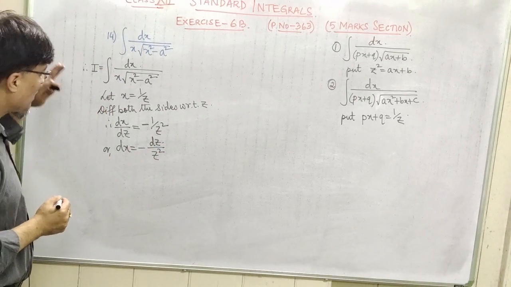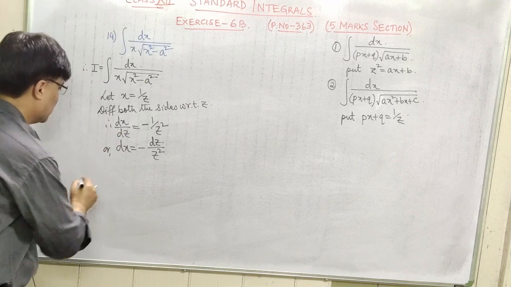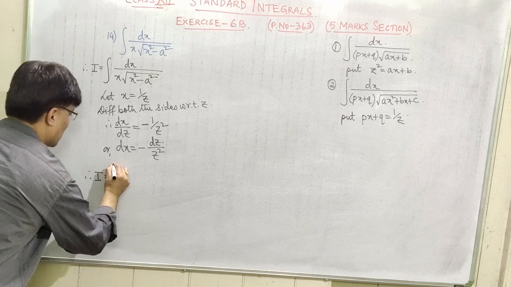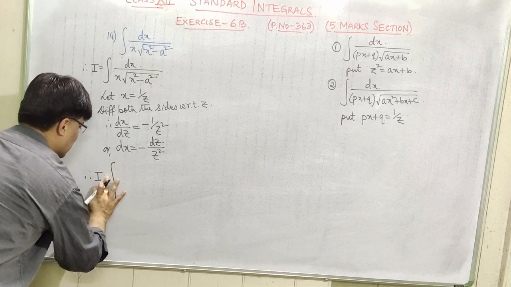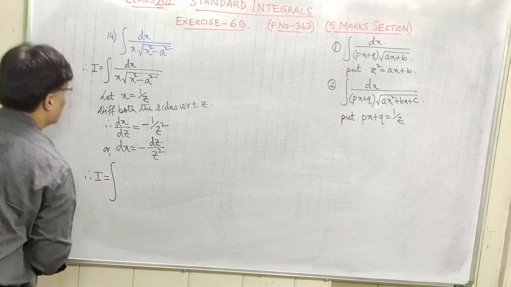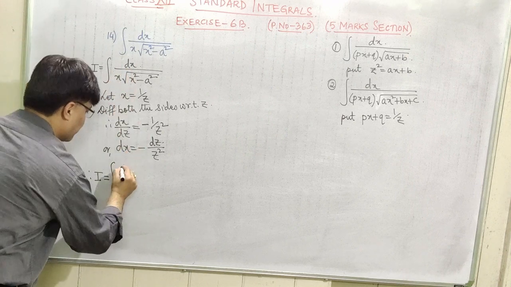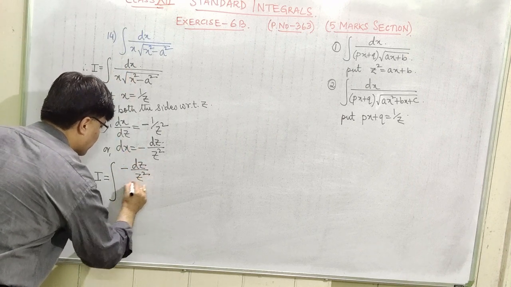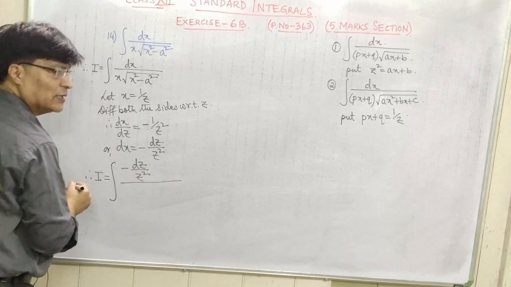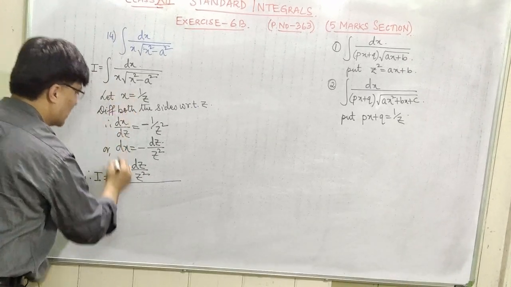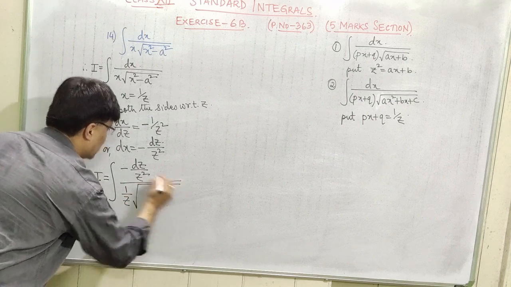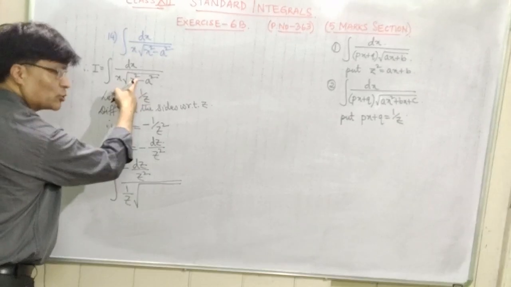Okay. So let us put these values in I. So therefore I is equal to integration of, what is dx? Minus dz upon z square divided by, in the denominator what is x? It is 1 by z. Then within the square root, what is x square?